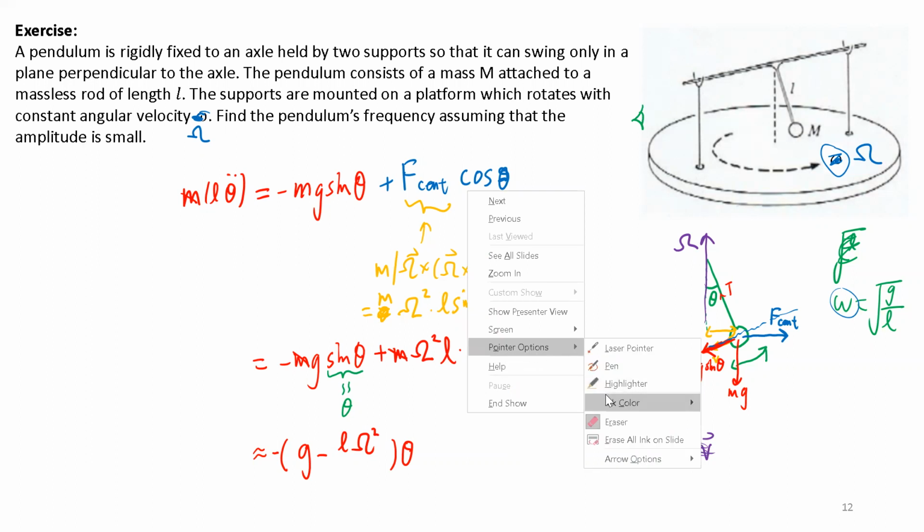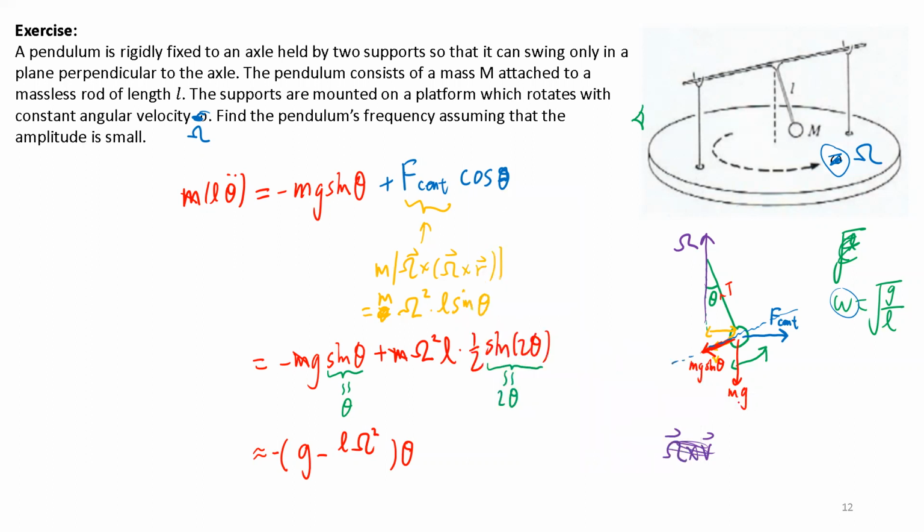Therefore, the final answer is that theta double dot is approximately equal to minus g minus L omega square, divided by L, times theta.